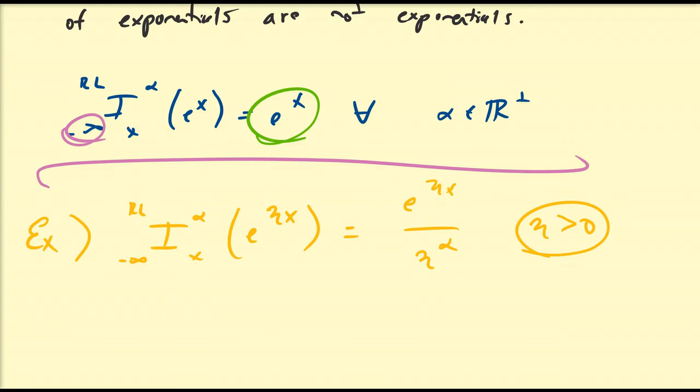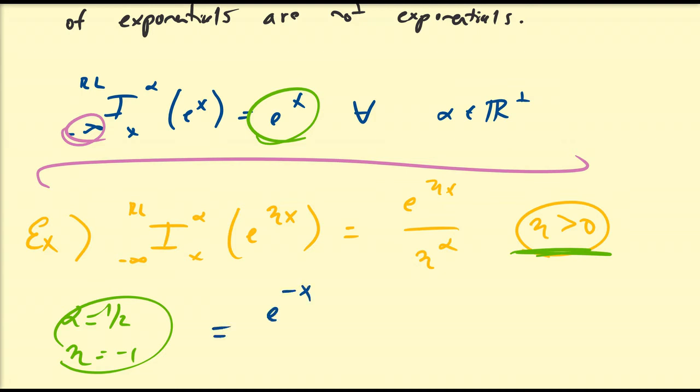So if I choose some points, let's choose, say, alpha equal to 1/2 for our order, and let's choose eta to be equal to -1. So let's sort of break the rules that we have here. If this is the case, then this is going to be equal to e to the minus x divided by -1 to the power of 1/2, which is clearly equal to minus i e to the minus x.